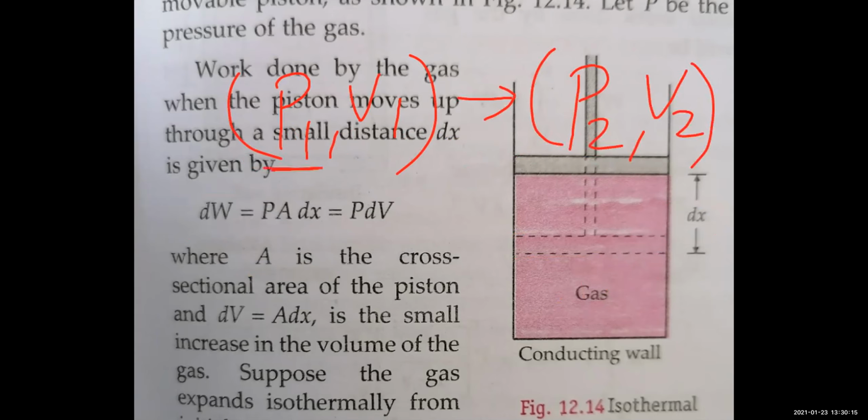Initially the pressure is P1 and volume V1, but when the piston has been moved up by the gas, the pressure becomes P2 and the volume becomes V2. During this process, children, the temperature of the system is constant. So if dW is the small work done, then the total work done we can get by integrating, and as the work is done in an isothermal process, meaning temperature is constant.